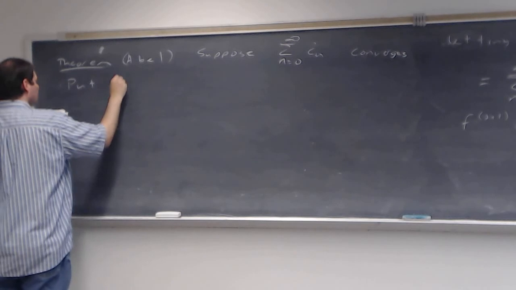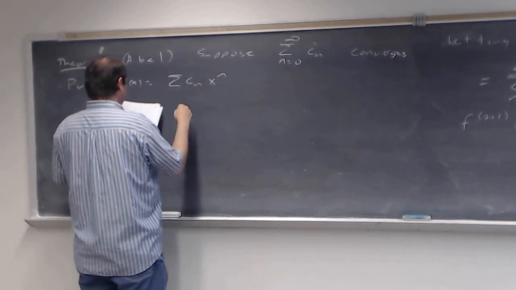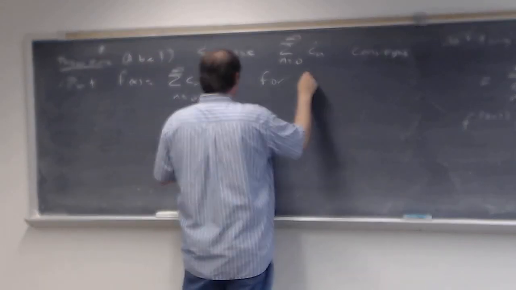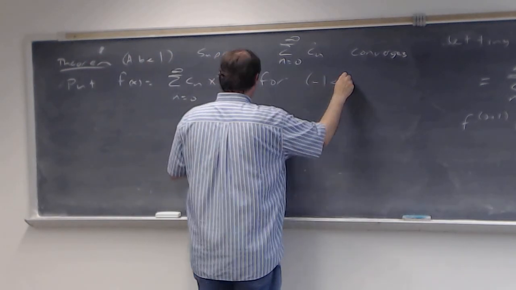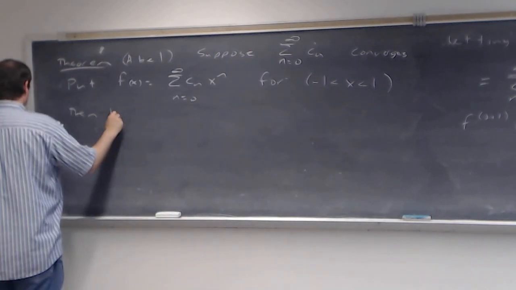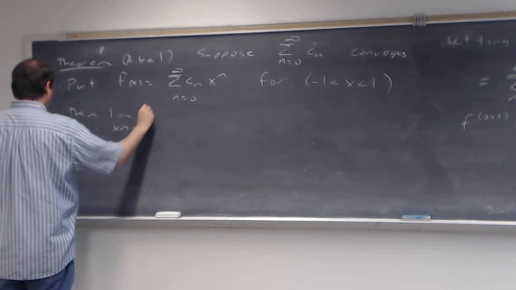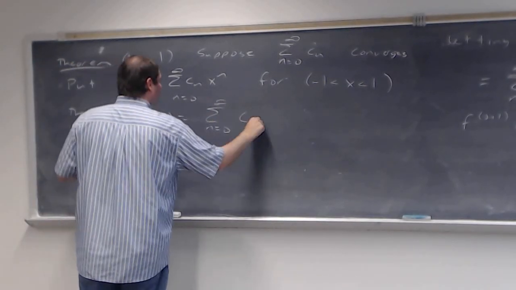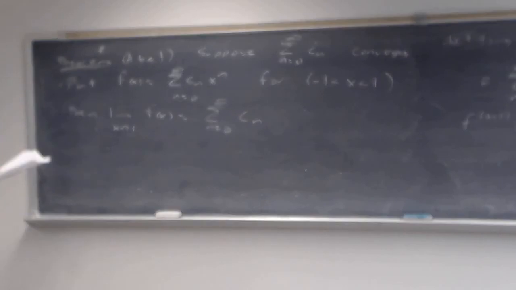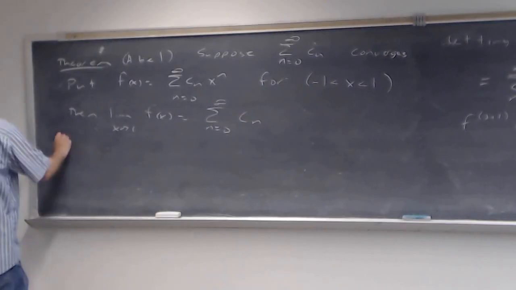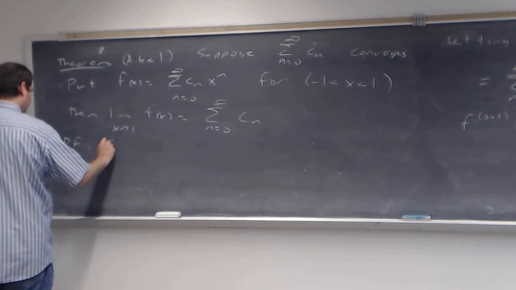Put f of x equal to the sum of c sub n x to the n, as n runs from 0 to infinity, for minus 1 less than x less than 1. Then the limit as x goes to 1 of f of x equals the sum as n goes from 0 to infinity of c sub n. The proof's a little bit lengthy, but we're going to get through it here. So, in this video lecture, proof.